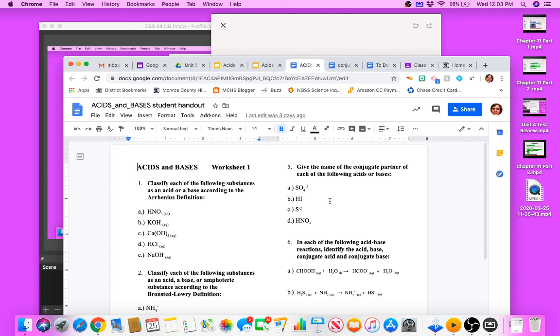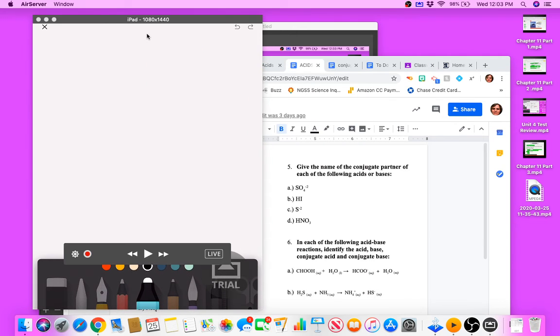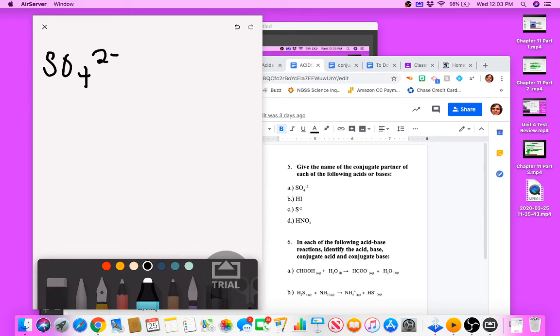It says, give the name of the conjugate partner of each of the following acids or bases. So I'm going to write those down: SO4 2 minus, HI, S2 minus, and HNO3.